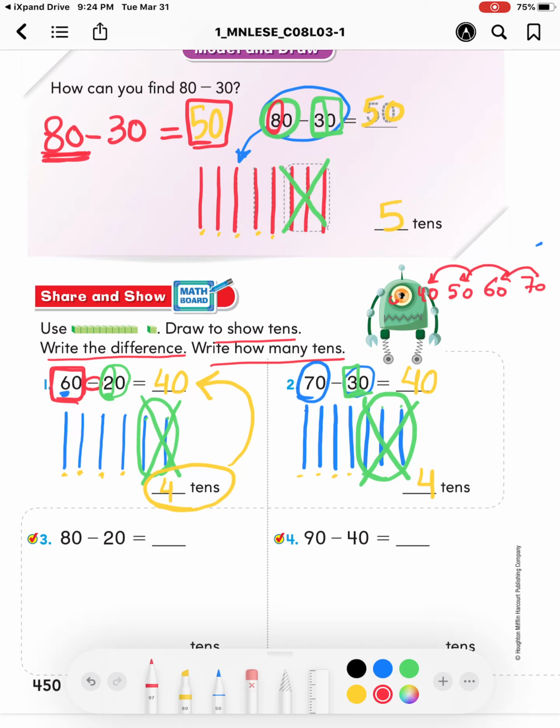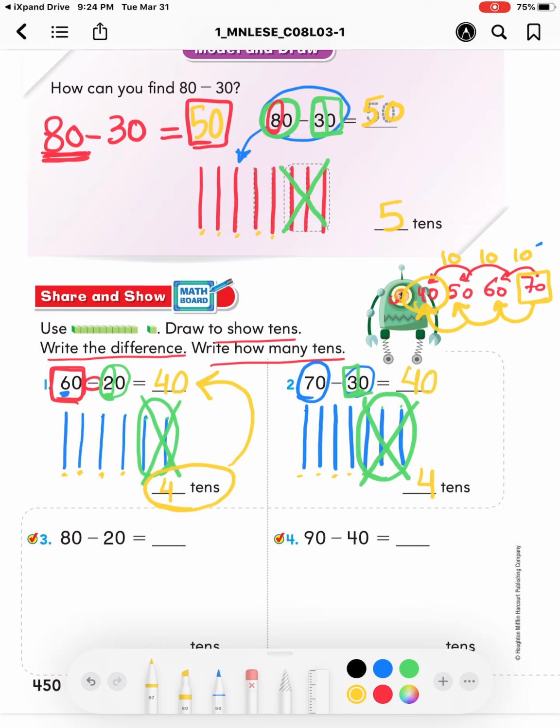I'm sorry, the pen. Okay. Now this we counted back 10, another 10, and another 10 to be counting back 30, okay? So here we can count back starting from 70. We can say 60, 50, 40, or we can draw it like this, okay?